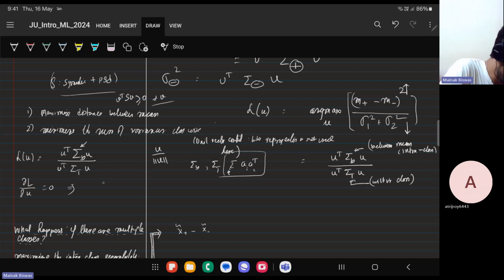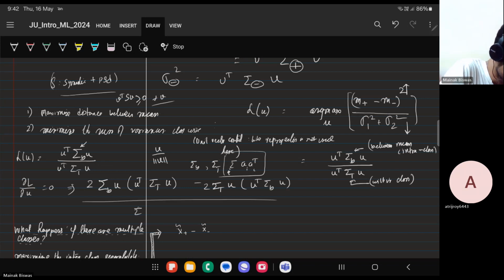Okay, so dL/du, tell me the derivative if you can. Both are scalar, so I can use the u by v rule, right?